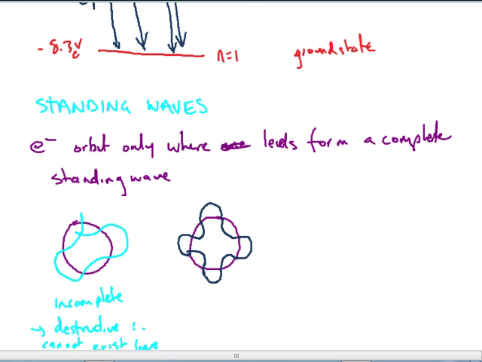So it can effectively oscillate. Think kind of like a guitar string vibrating backwards and forwards around that energy level. Okay, so it's stable here, and it can occupy this level.